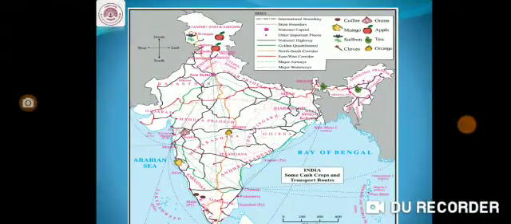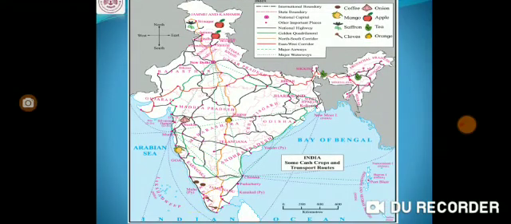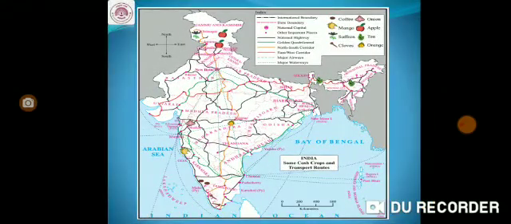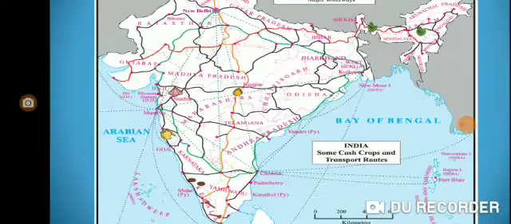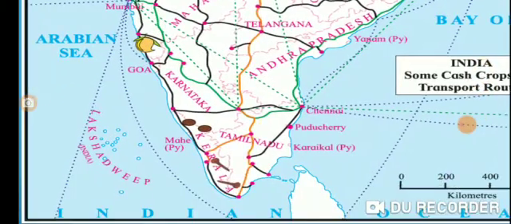Next, find the route taken to bring cloves into a state and trace it. Now, where are cloves grown? Like we already discussed, it is grown in Kerala. Now, bringing the cloves from Kerala to Maharashtra, you have to trace the route. So, from Kerala, which is here, you can move up to Karnataka.